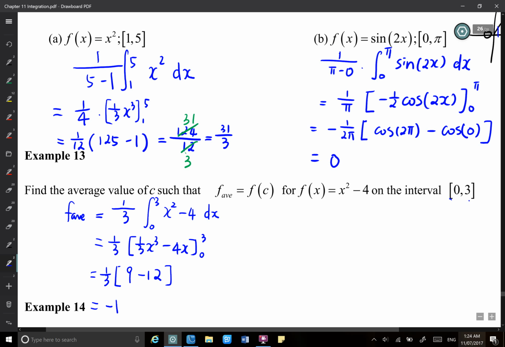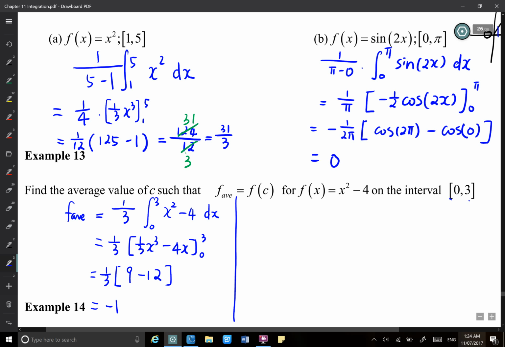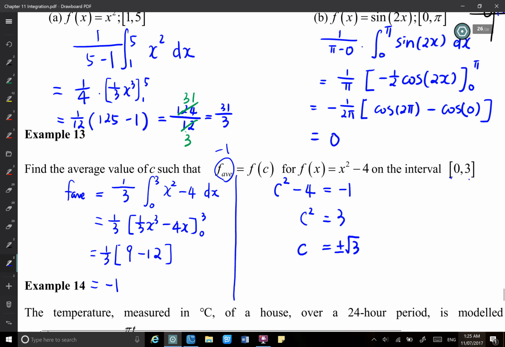That average value is minus 1, so f(c) equals negative 1. So f(c) is c squared minus 4 equals minus 1, so c squared equals 3, and c equals plus or minus root 3.